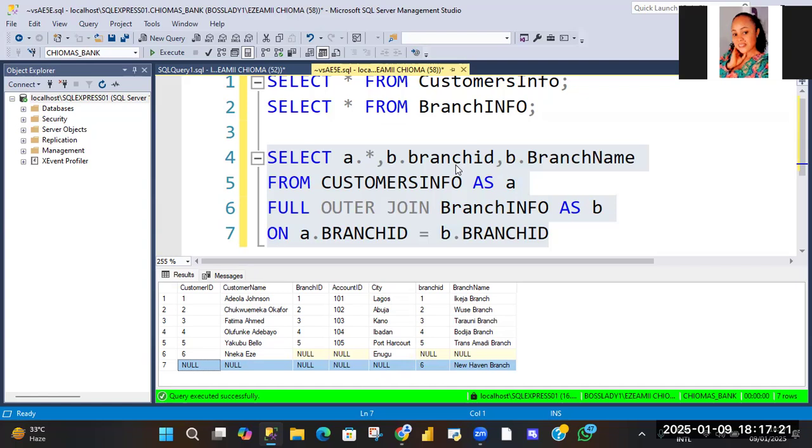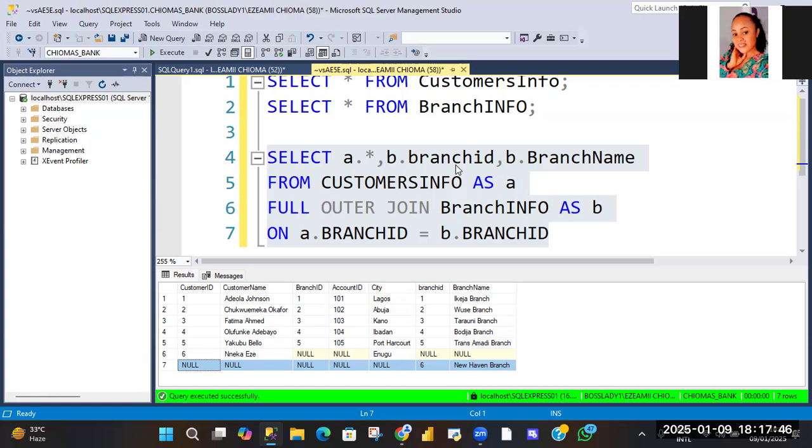The left join will return everything from our left table, and the matching rows from our right table. Then the right join will return everything from our right table and the matching rows from our left table. All right.